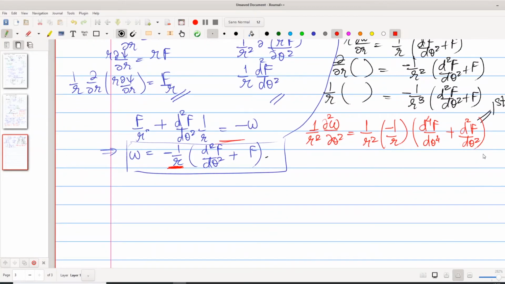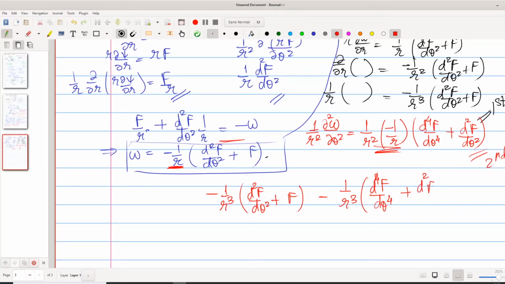If we combine the first and second term, we have minus 1 by r cubed (d2f/d theta 2 plus f), and the second term, which is minus 1 by r cubed (d4f/d theta 4 plus d2f/d theta 2). This is entirely equal to 0.